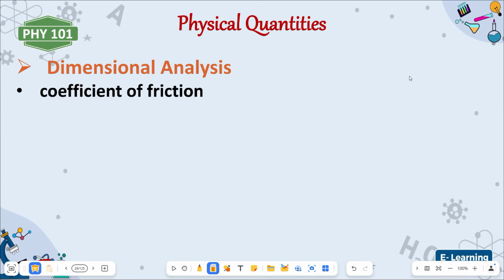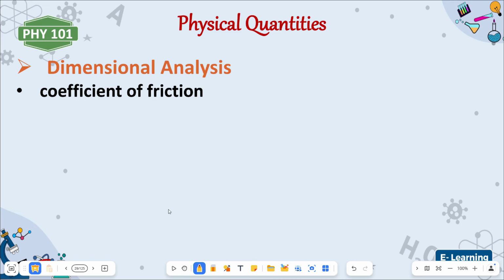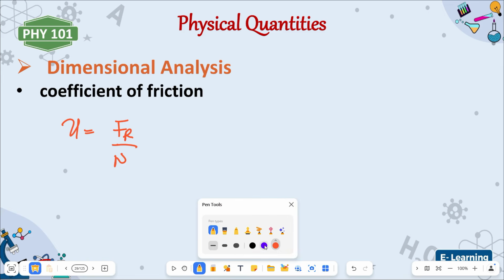Next one we are going to look at is the coefficient of friction. We have explained what coefficient of friction is earlier, and I have elucidated that. So I'm just going to go straight to the point. Coefficient of friction is what? Frictional force all over the normal reaction.